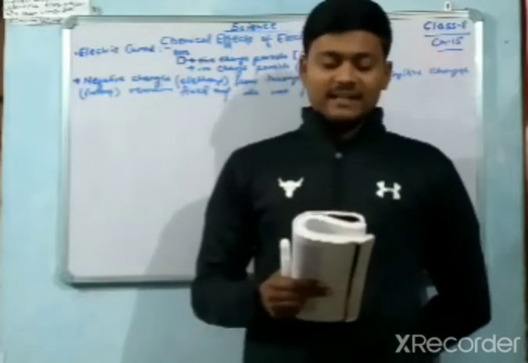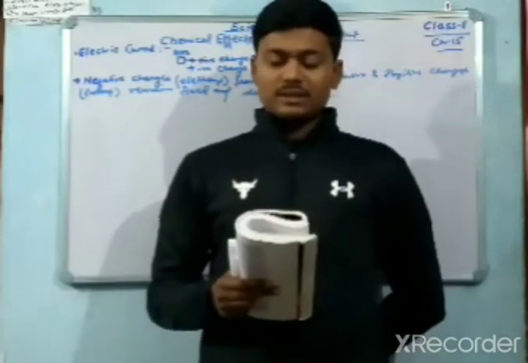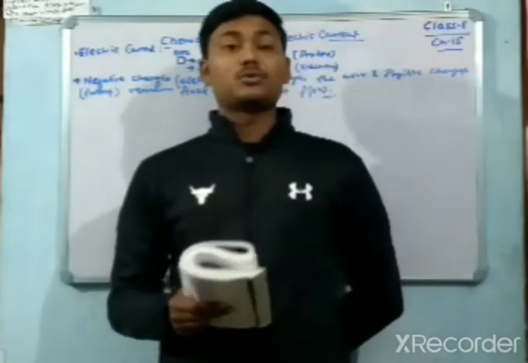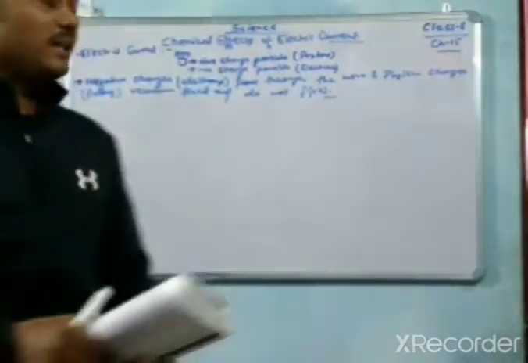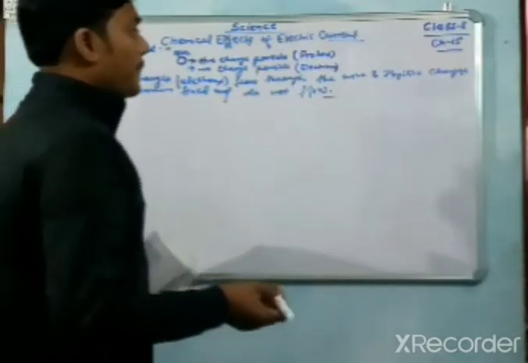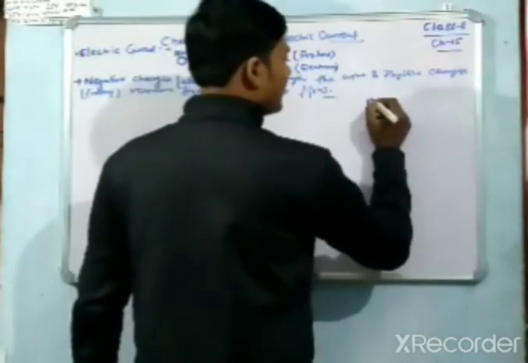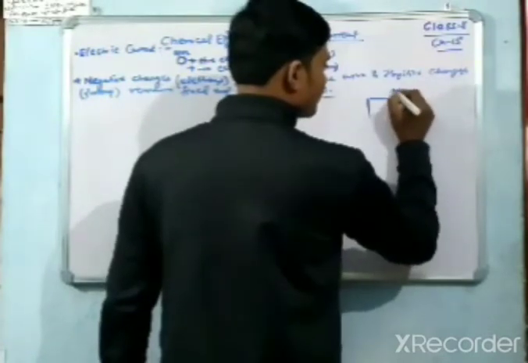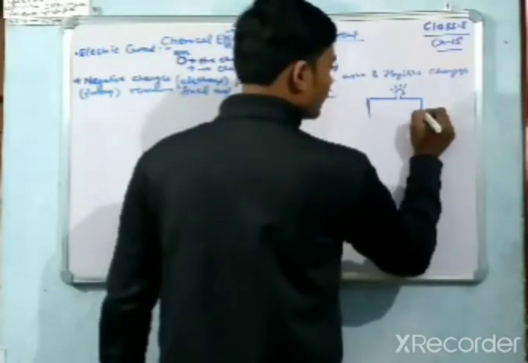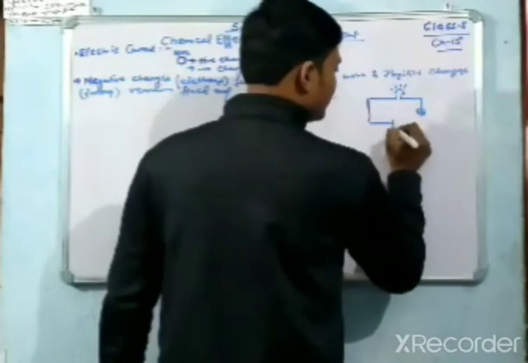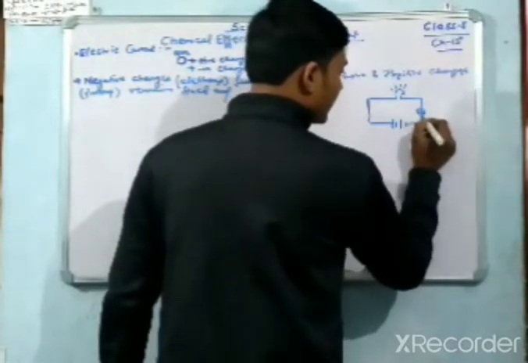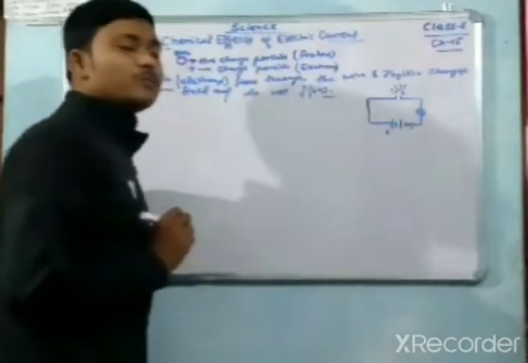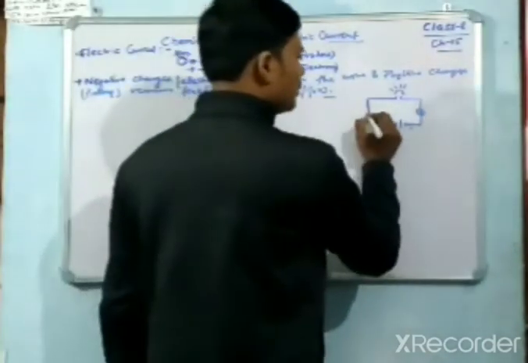To make an electric current flow continuously, two things are necessary. First, an unbroken path, which is known as a circuit. Obviously, to flow an electric current we need a circuit, a closed path where electric current is going to flow.